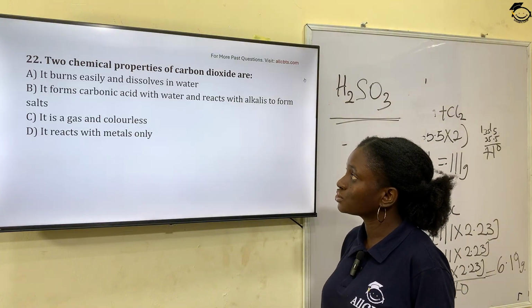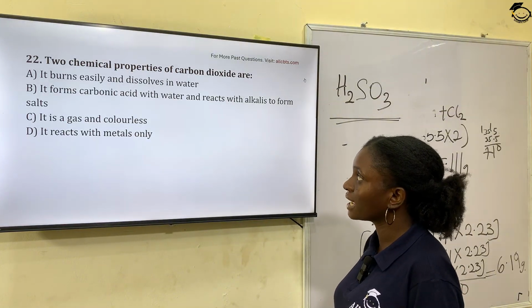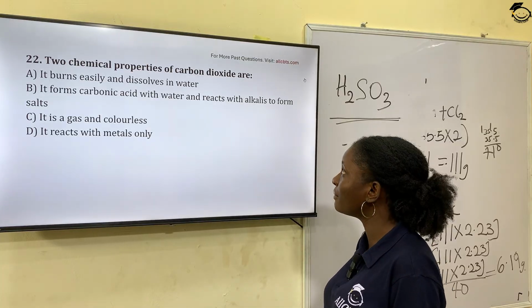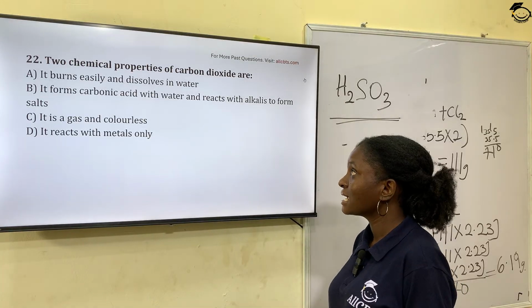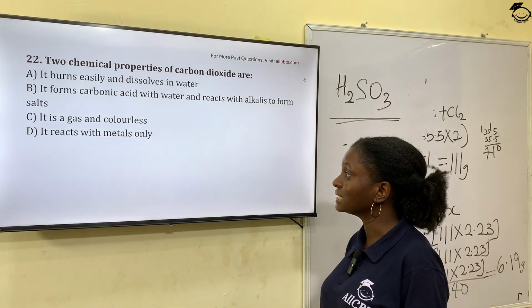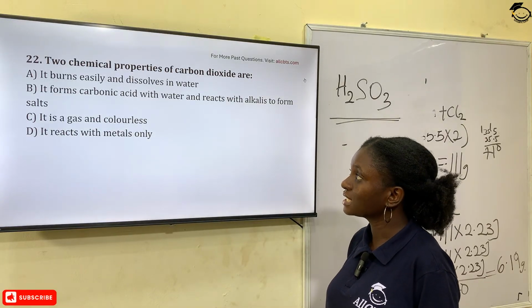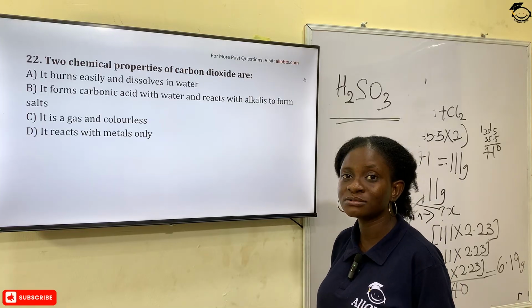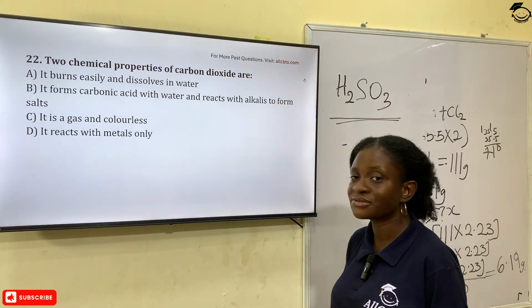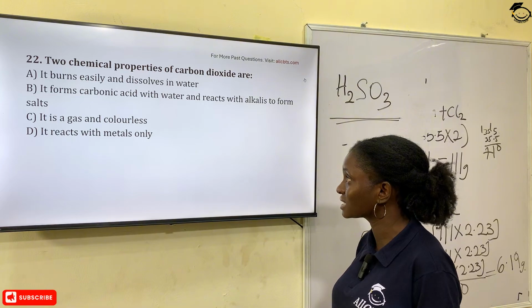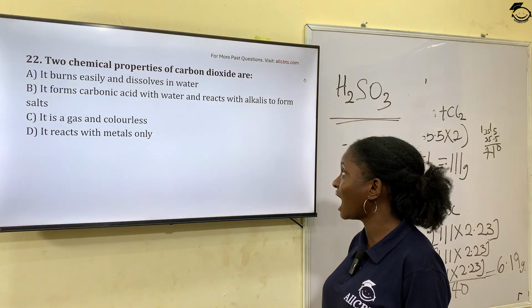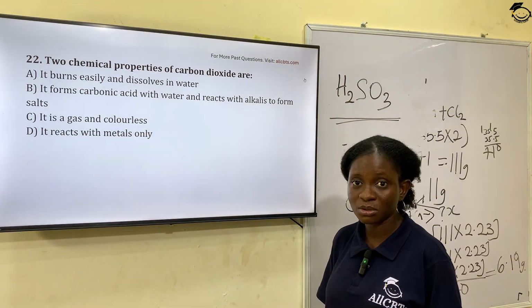Question 22. The two chemical properties of carbon dioxide are a chemical reaction taking place and a product being formed. A, it burns easily and dissolves in water. B, it forms carbonic acid with water and reacts with alkalis to form salt.